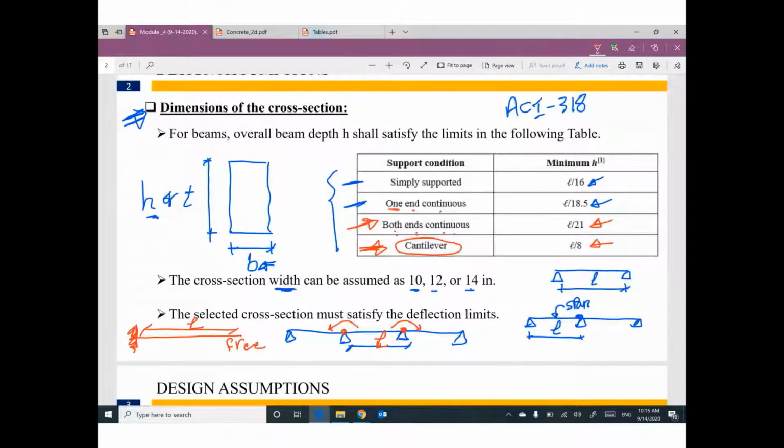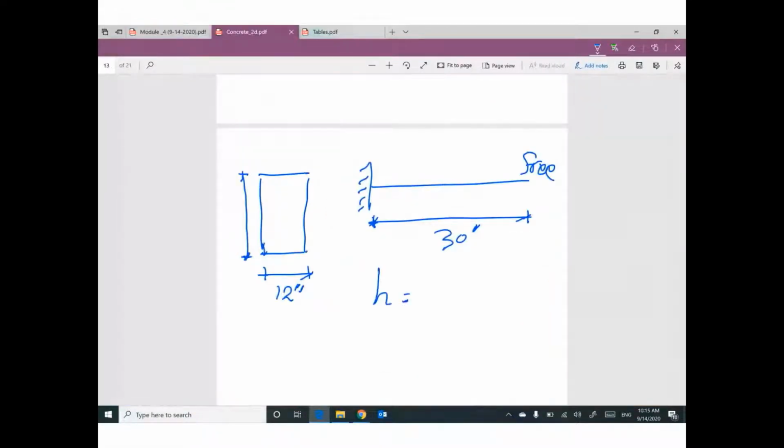So H, the overall depth, equals span, 30 feet, I'm gonna multiply it by 12 to be in inches, divide 8. So your overall depth should be no less than 45 inch. No less than this number. So I'm gonna assume it 45.